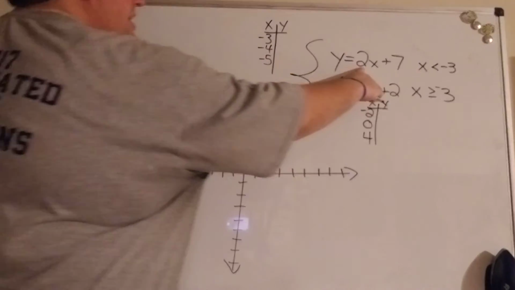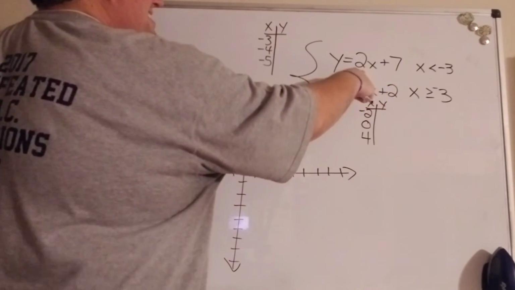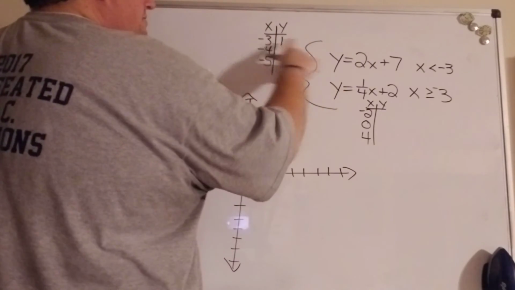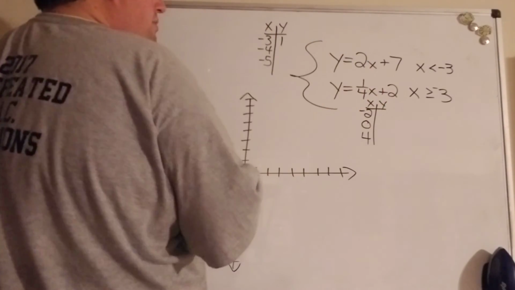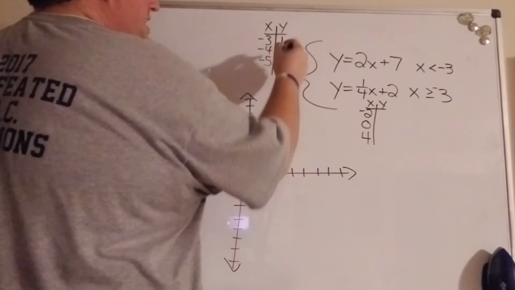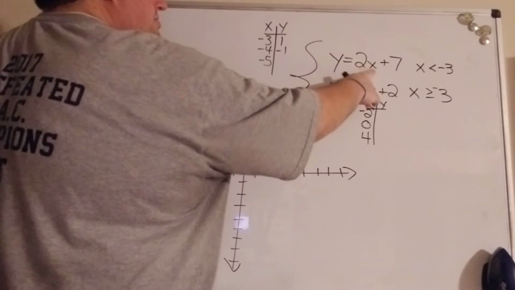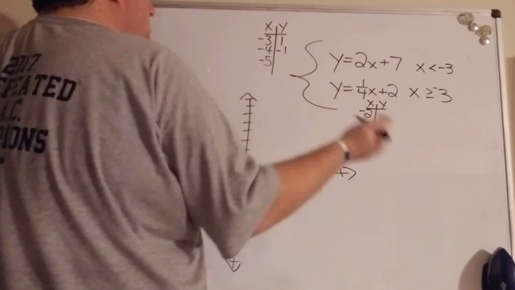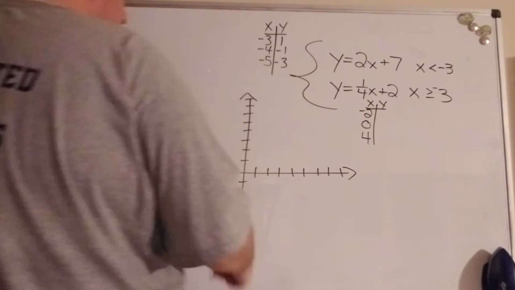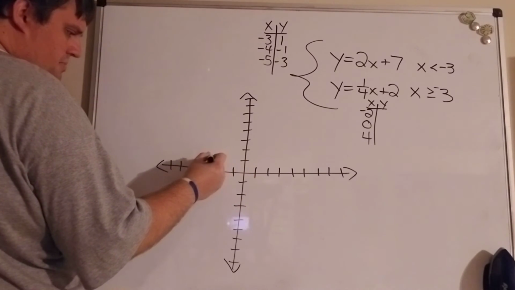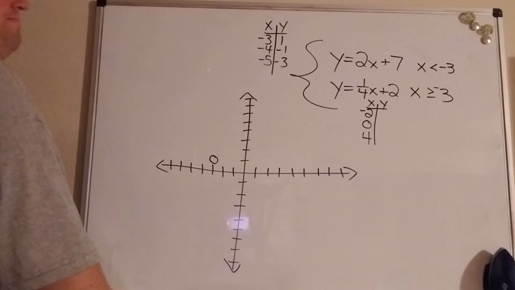So if I plug -3 in here, 2 times -3 is -6 plus 7 is 1. If I plug in -4, 2 times -4 is -8 plus 7 is -1. And if I plug in -5, 2 times -5 is -10 plus 7 is -3. So I have the point -3, 1, and I'm going to put an open circle there.